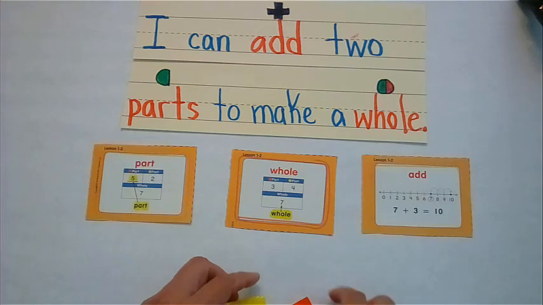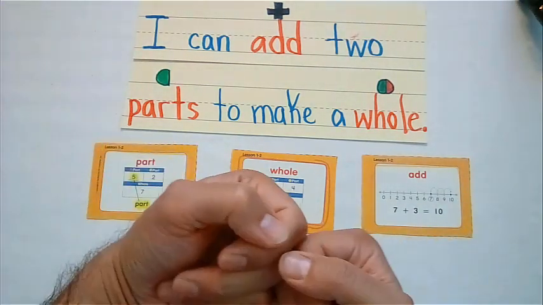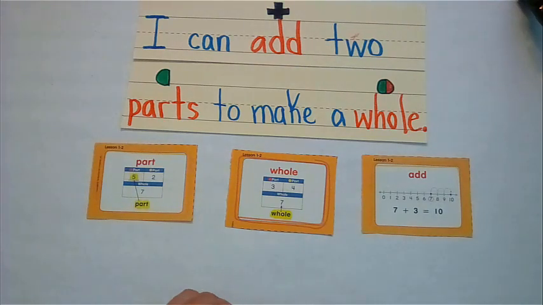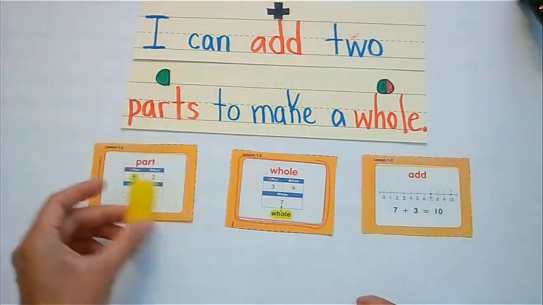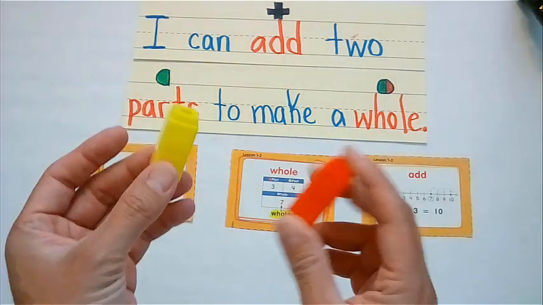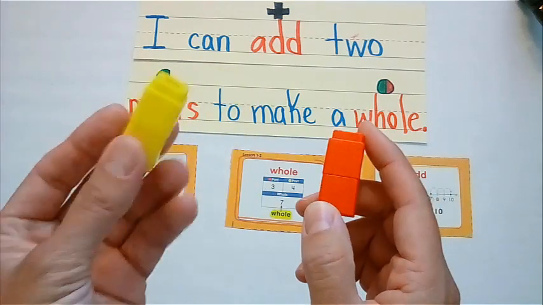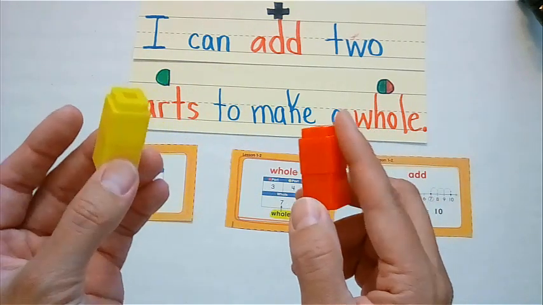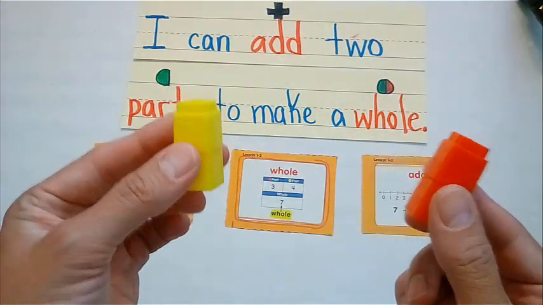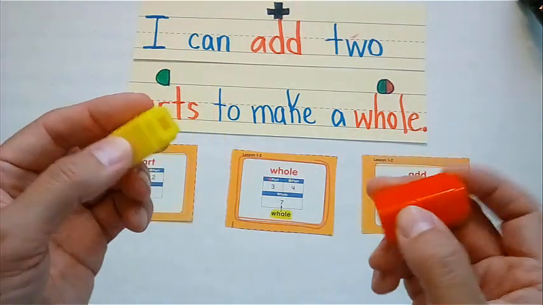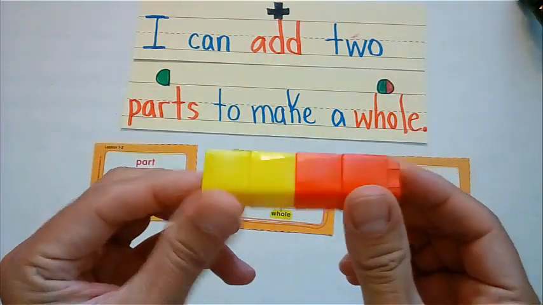Okay, now let me show you an example of part, whole, and adding. Okay, so let's say I have two blocks right here. And I have two more blocks right here. So this is part. This is another part. So these are two parts. Now, if I put them together like this, it makes a what?